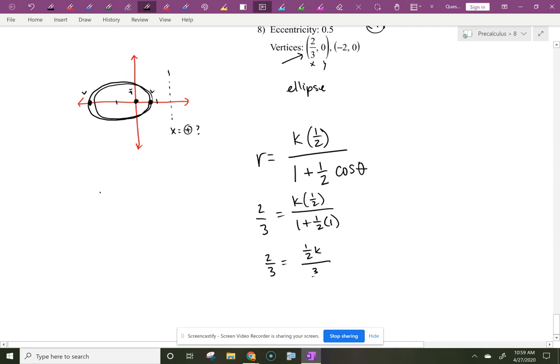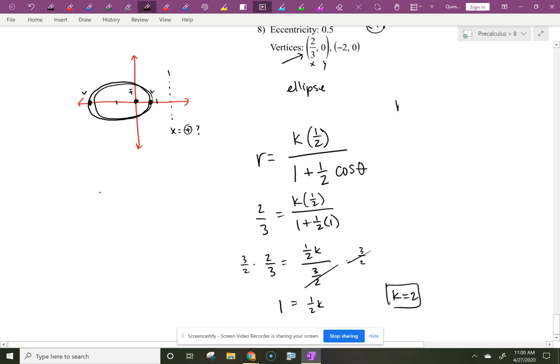So is that 3 halves? So 3 halves right there. Now what could I do? I could multiply both sides by 3 halves. So there you go. And now I have 1/2 of k is equal to, oh my gosh, look at that. It's 6/6, or everything cancels and gives you 1. And then I would multiply both sides by 2, and I would get k equals 2. And there you go. We now know what k is.